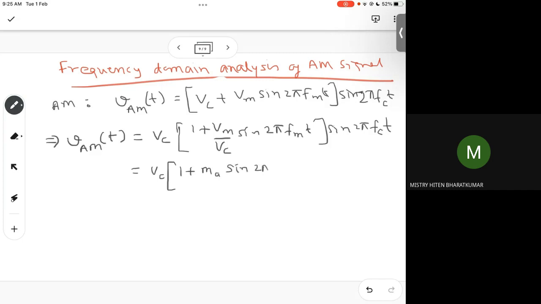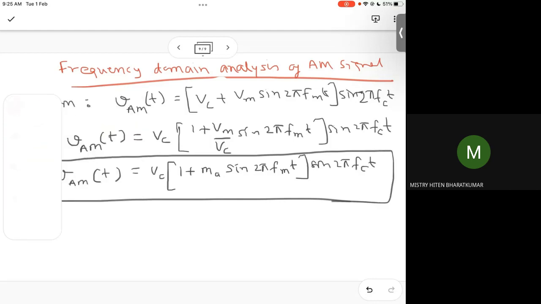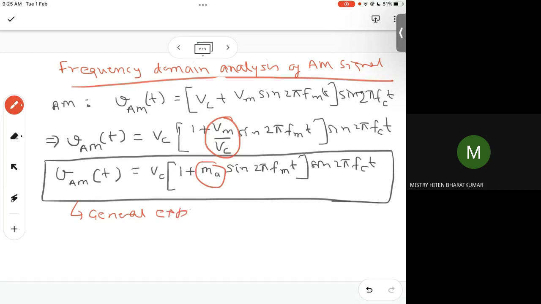So this is another form of the AM signal using the modulation index. Earlier we used to write it separately, but now there is no Vm and Vc, but in the form of ma. So this is the general expression of an AM signal.